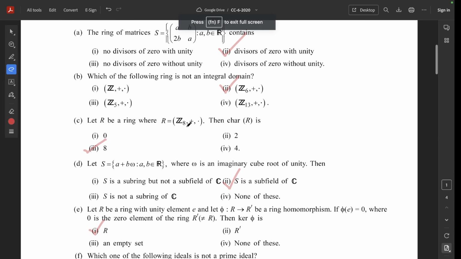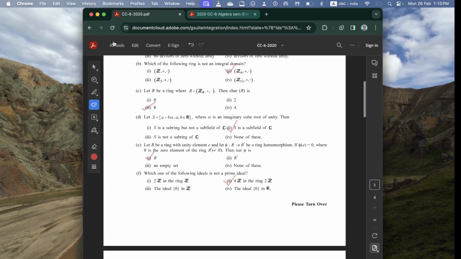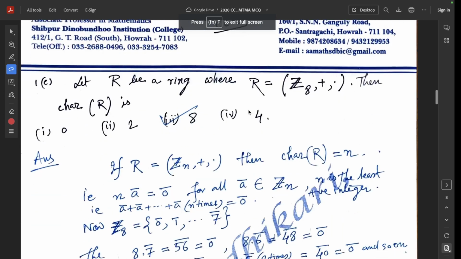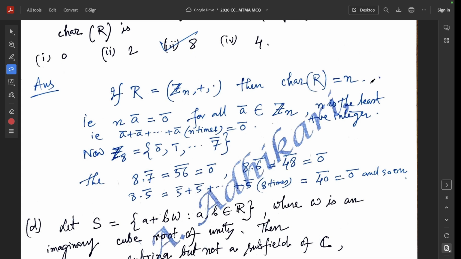Next question, C. Let R be a ring where R equals Z8, plus, dot. Then the characteristic of R is, the correct option is 3, 8. If R equals Zn with plus and dot, then the characteristic is equal to n.